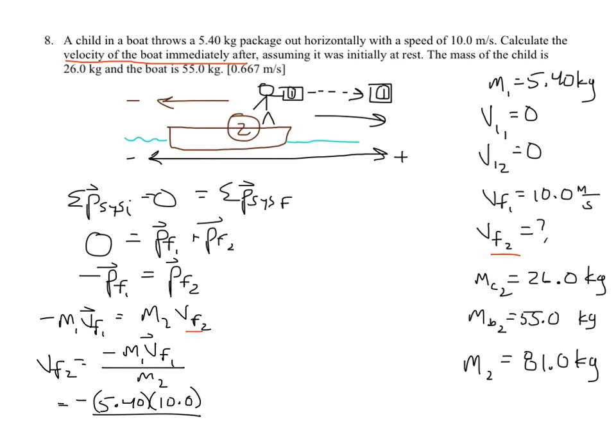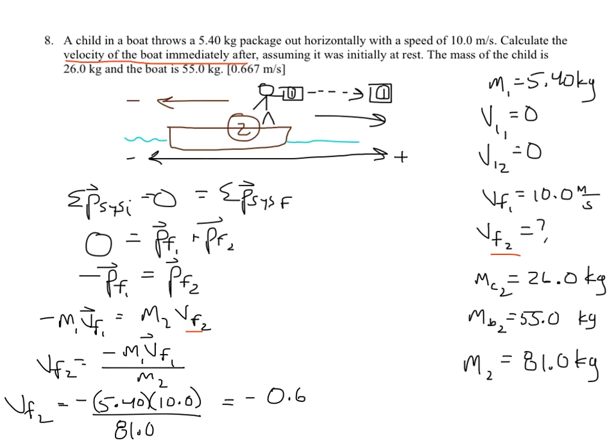The mass of 2 is at total 81.0 kilograms. So the final velocity of 2 is going to be negative, and it has to be because 2 is going to be moving in the opposite direction as 1. That's 5.40 times 10 divided by 81.